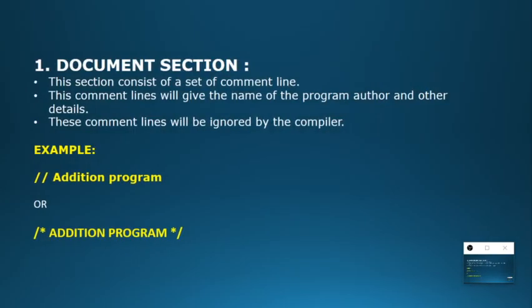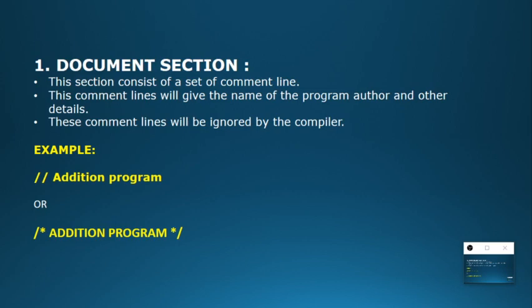Document section contains a set of comment lines. You have two examples here, an addition program. You can write comments directly by giving double slash, or you can write slash star. Both of them are the same, you will get the same result.